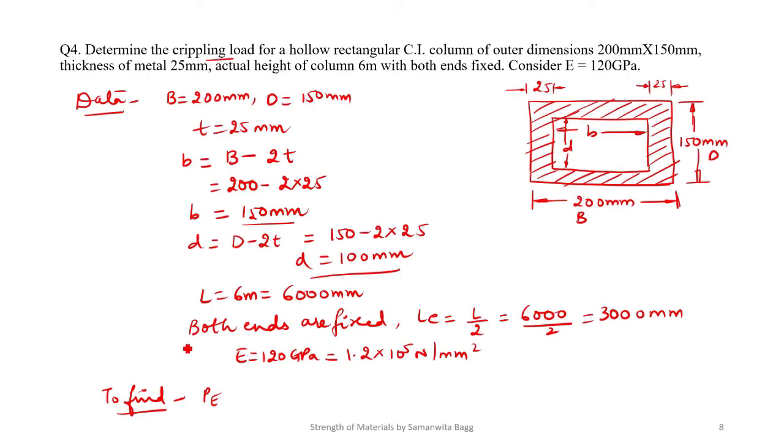I know PE is equal to pi square EI upon LE square. Now in this formula, the E value is already known. LE is also something that I've calculated. The only thing that I need to calculate is I. We know for a rectangular column, the formula will be BD cubed by 12. Now this is for a solid kind of column.